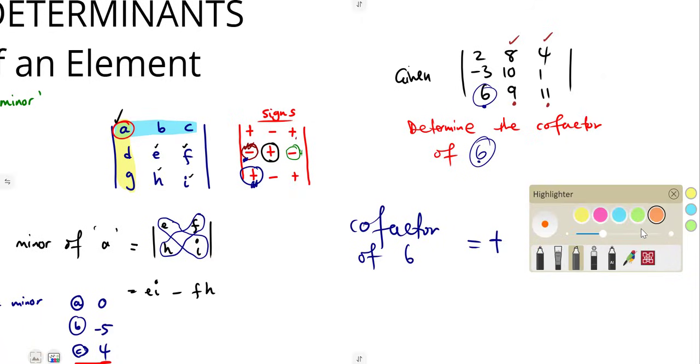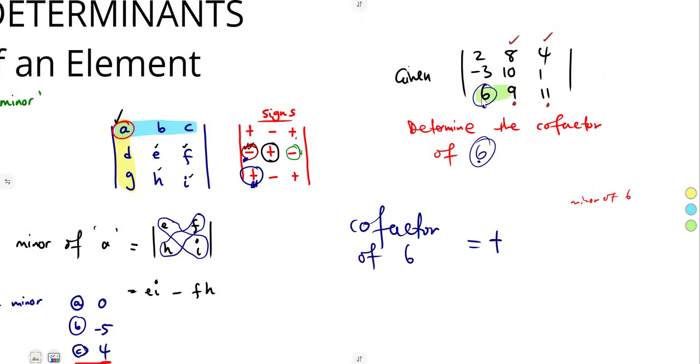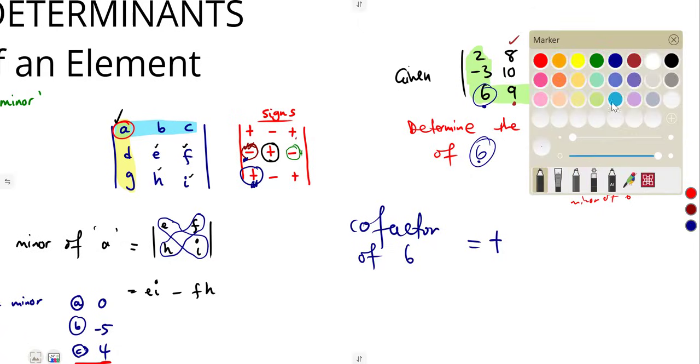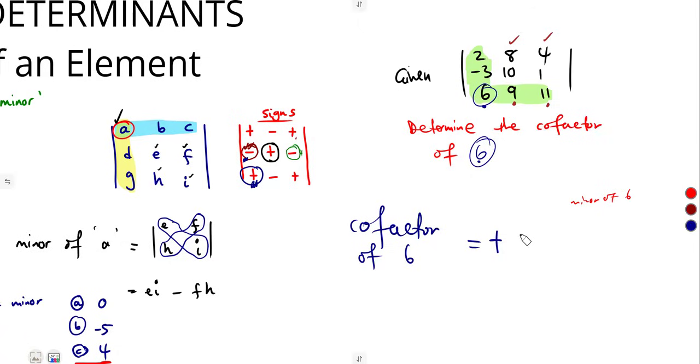The minor is the determinant that we determine by closing the row and column where that element is. Where 6 is, we close the row and column. What you are left with is your minor: 8, 4, 10, 1. So you determine the determinant as usual. It's a plus here, of which a plus does not matter, guys.